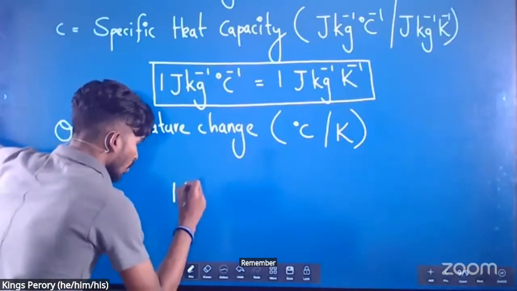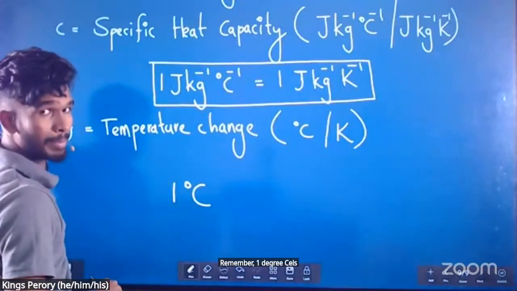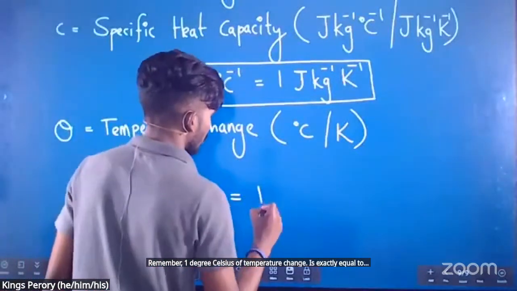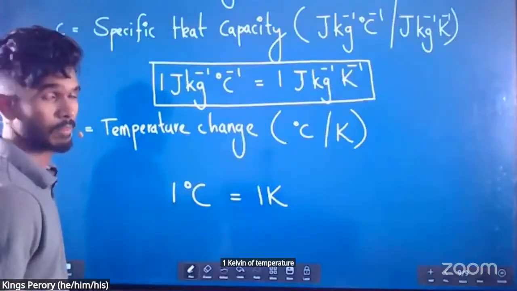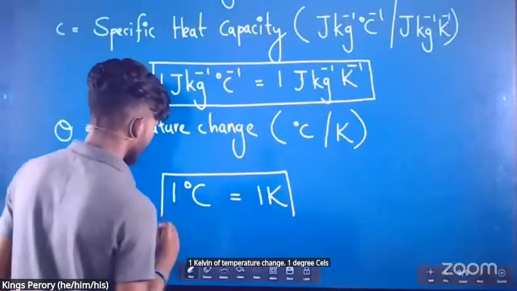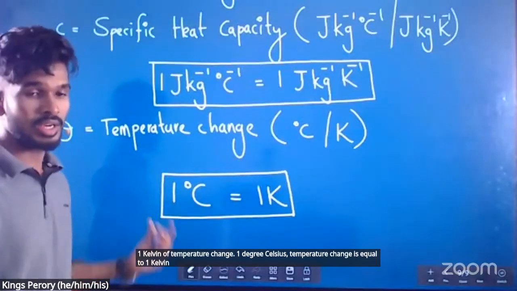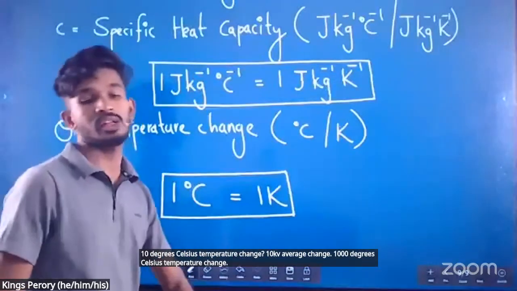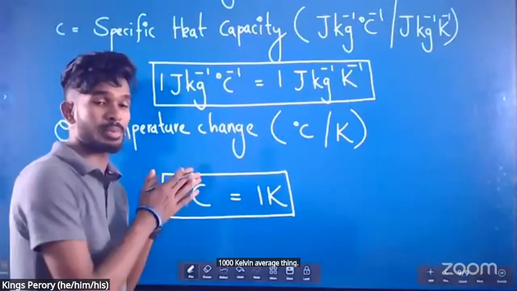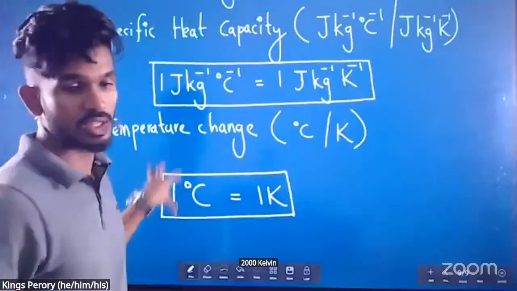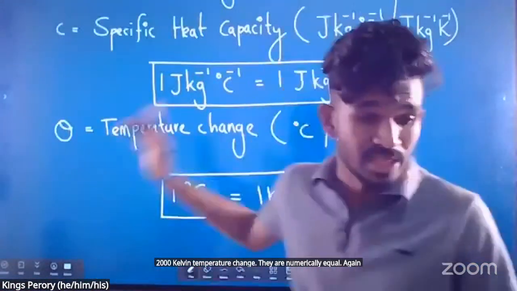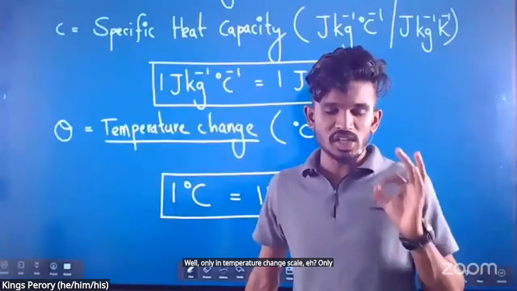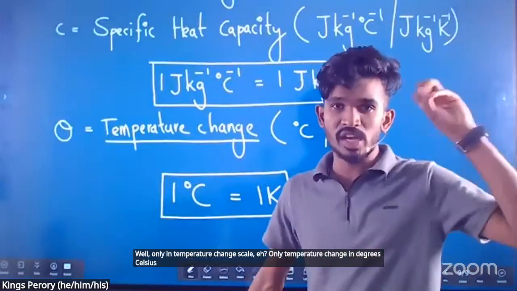Remember, 1 degree Celsius of temperature change is exactly equal to 1 Kelvin of temperature change. 10 degree Celsius temperature change, 10 Kelvin temperature change. 1000 degree Celsius, 1000 Kelvin. 2000 degree Celsius, 2000 Kelvin. They are numerically equal. Again, I repeat, they are equal only in temperature change scale.